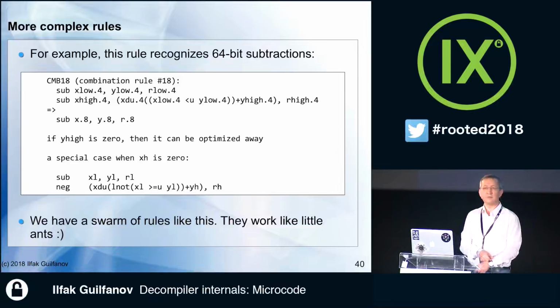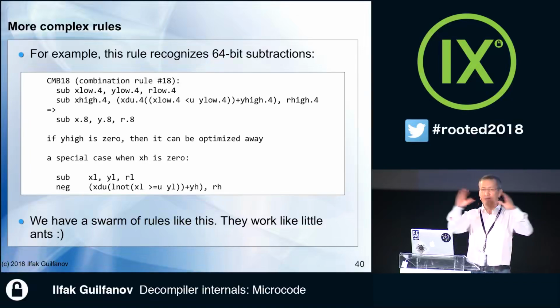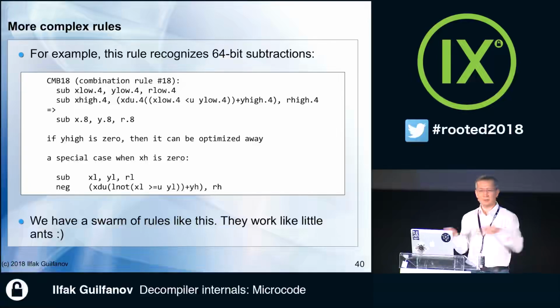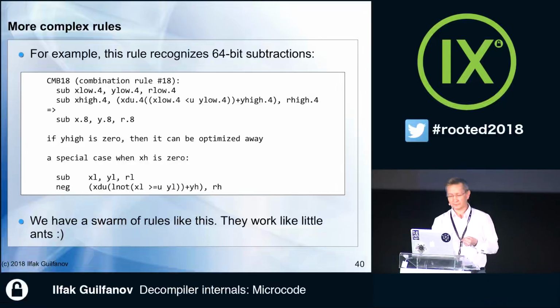And there are tons of rules like that. Each rule is simple, and they work. Imagine an ant hill. The ants running in all directions, doing this and that, but we have something similar. And all these ants working together, finally they produce a nice result.